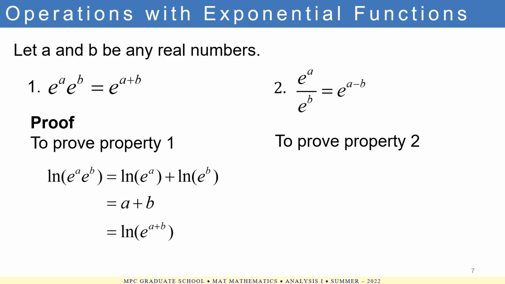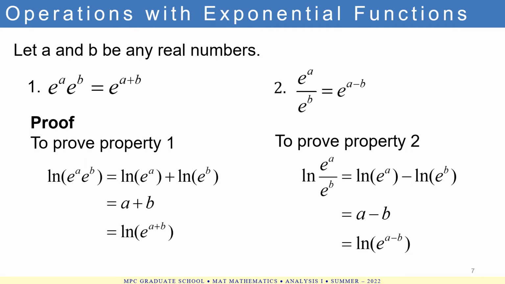And for number 2, ln of e raised to a over e raised to b is equal to ln of e raised to a minus ln of e raised to b. And the result is a minus b, and you can rewrite that as ln of e raised to a minus b.